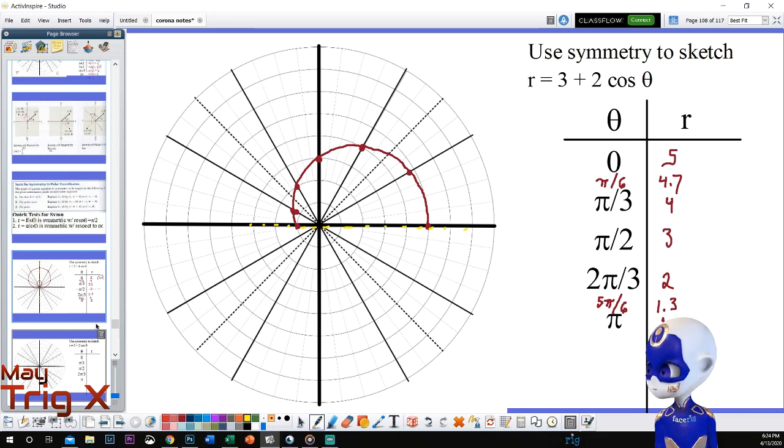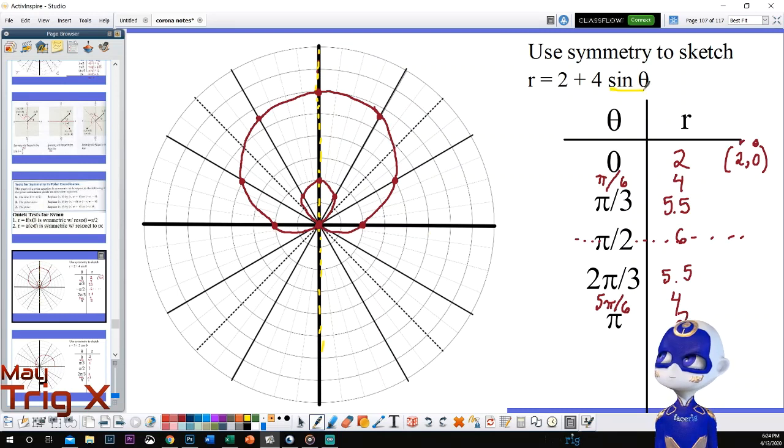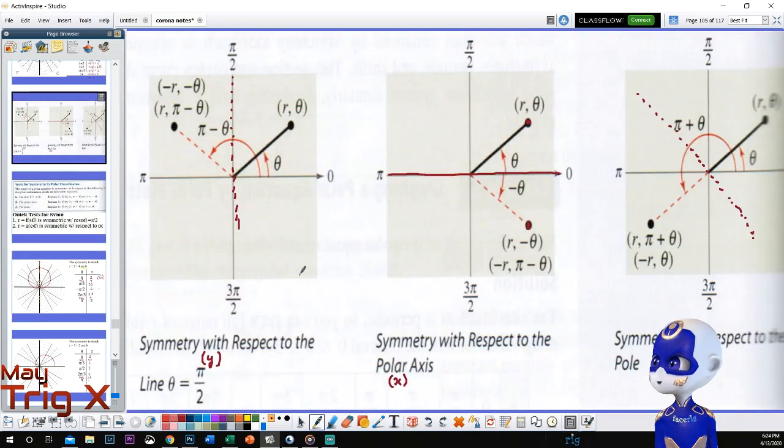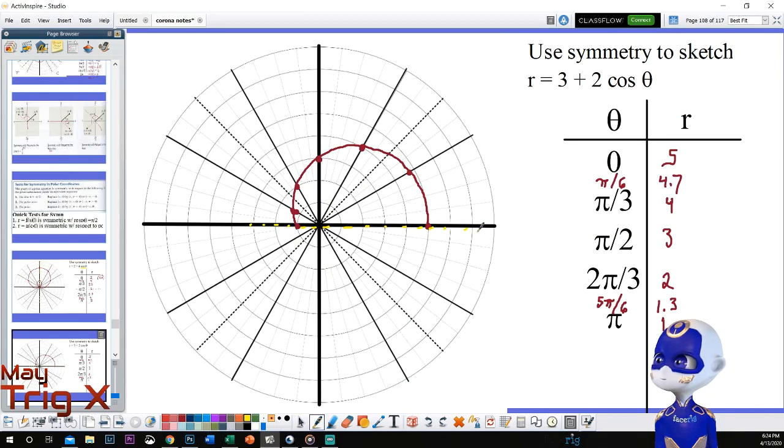And a good hint to that is that this one only had a sine right there, and it was symmetric. It flopped over what used to be the y-axis and now is considered the, you guessed it, the pi over 2 axis. Now this time it would be going right here over the polar axis. All right, let's see if that actually happens.